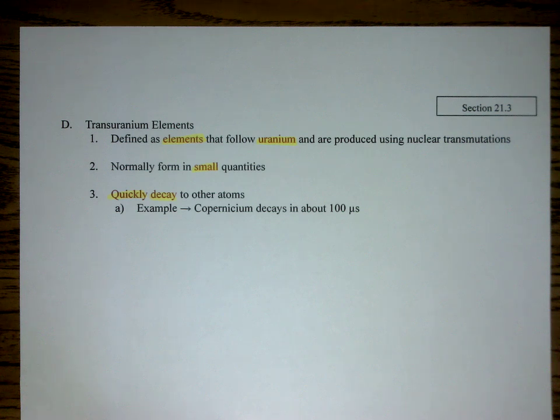Because we're smushing bigger particles into already large atoms, they're going to quickly decay, and it's for those reasons that we talked about in the first section on nuclear chemistry.